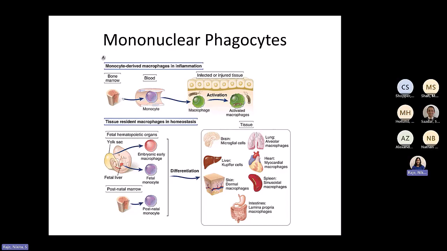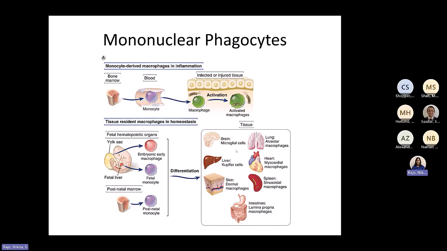These all come from the bone marrow, as I mentioned, but most of the macrophages that are present in the tissues actually come either from the yolk sac or the liver. And these are the long-lived and self-renewable cells that can then differentiate into macrophages that live in the tissue and have different functions in different tissues.